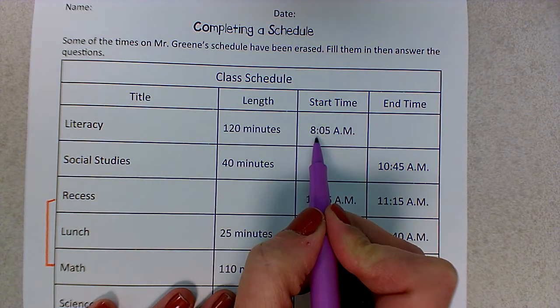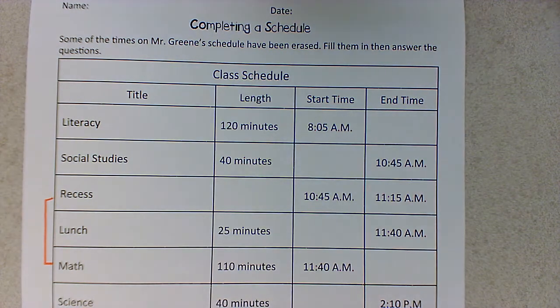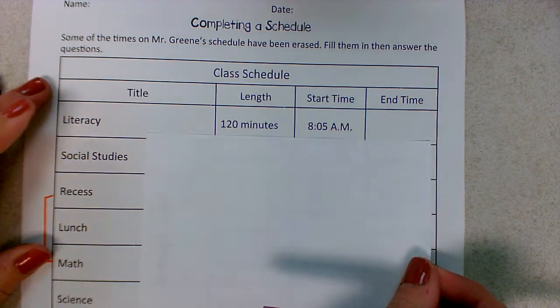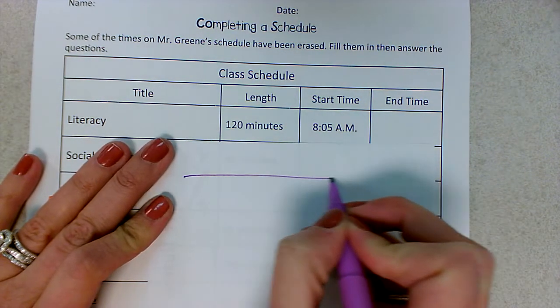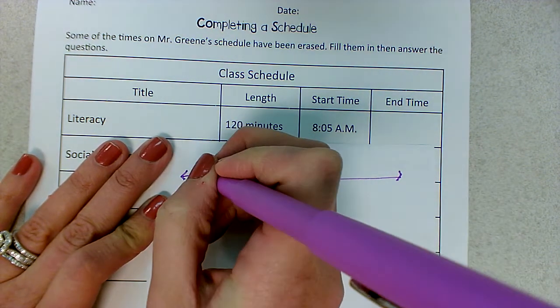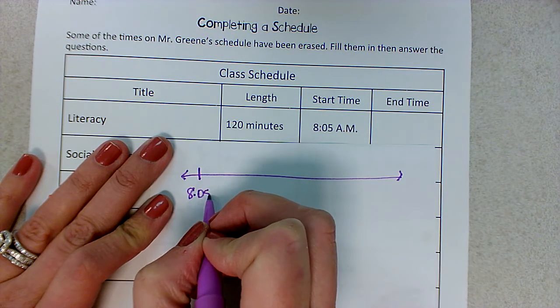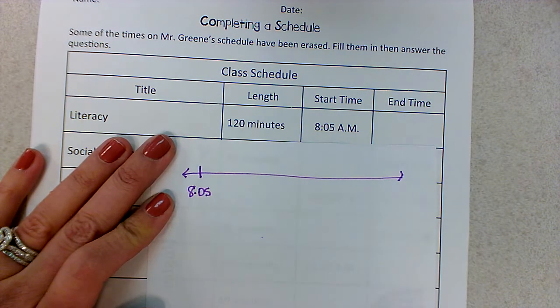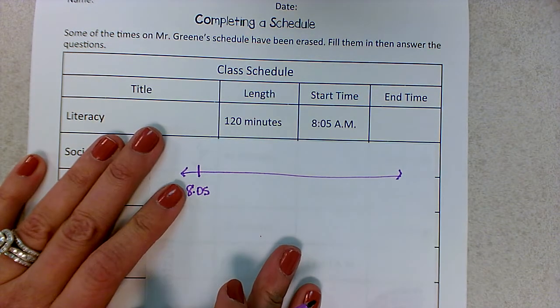So if I am going to start at 8:05, and I have 120 minutes, I'm going to create a number line. So I'm just going to set it right here, and I'm going to draw a number line where I can check out my work. And so I'm going to start at 8:05 because that's what I have on my start time. Now it's going to be 120 minutes.